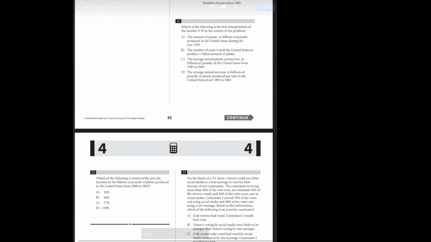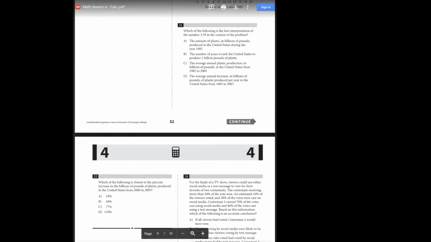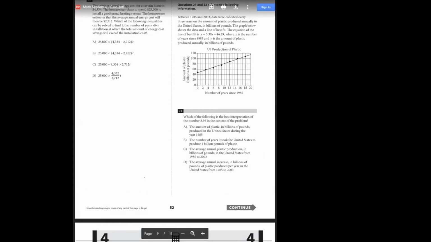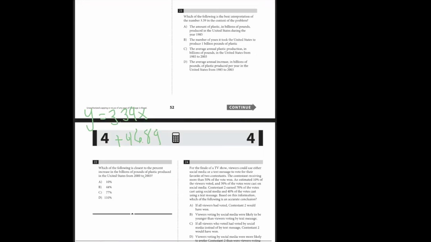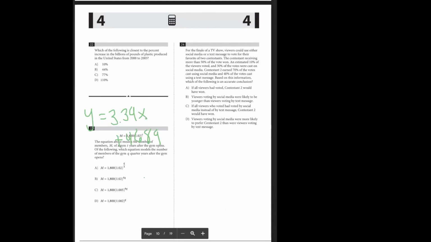I'm going to write the equation because obviously it's on a different page. Really what you're going to do is plug in the value for 2000, and I think it said 2003. Yes, 2003, and then you're going to compare using percent increase.